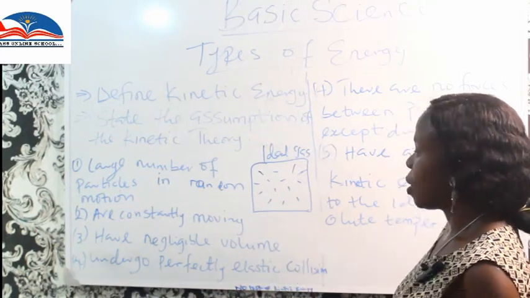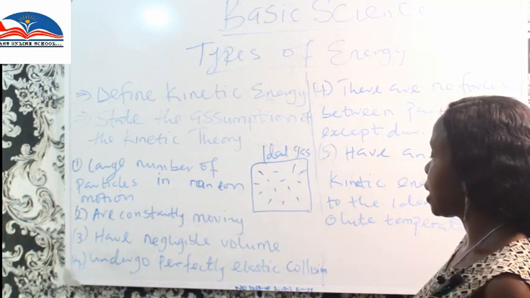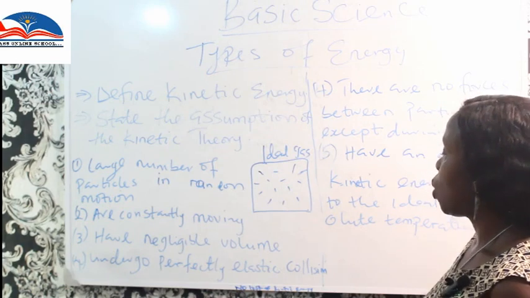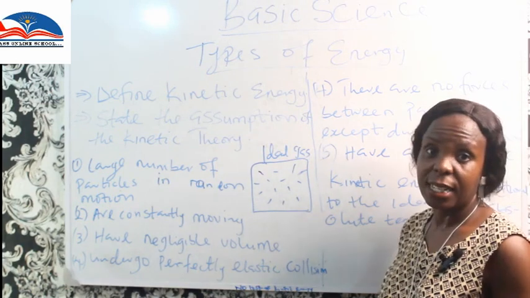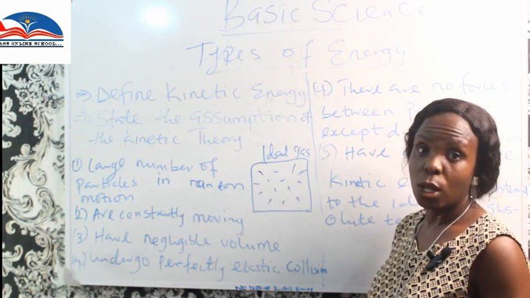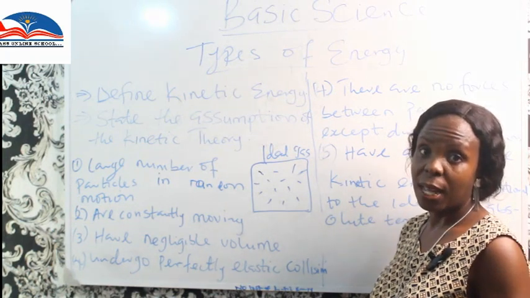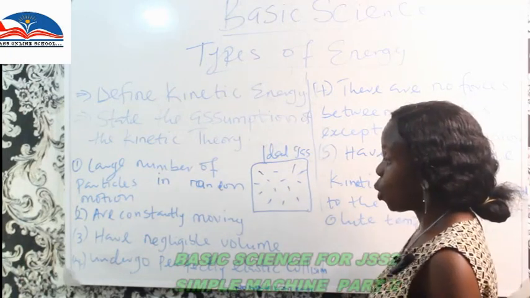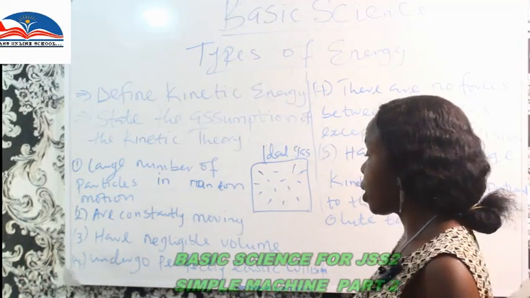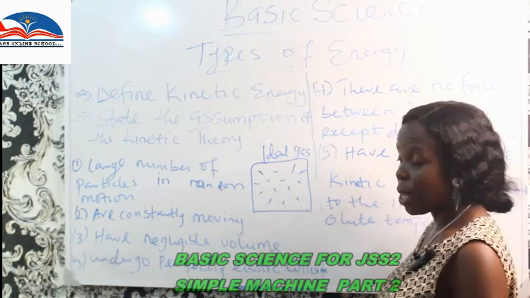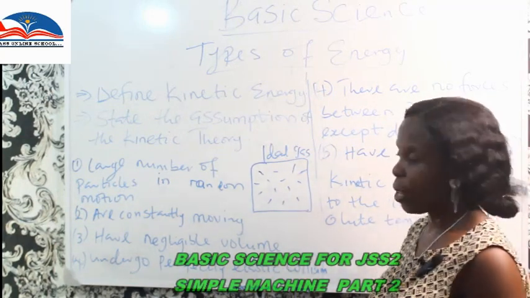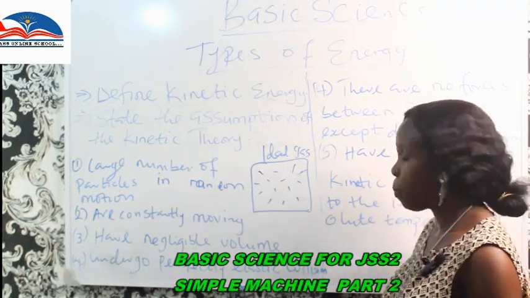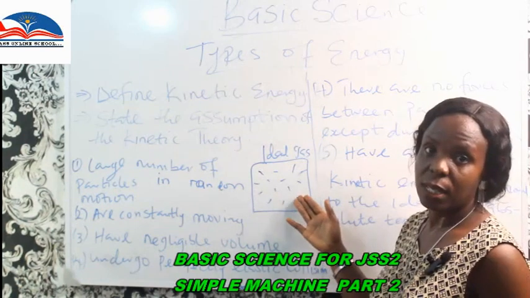Alright, number four: it undergoes perfectly elastic collision. That's to say, no loss of kinetic energy in this instance. Remember, kinetic energy results in motion. The elastic nature here shows that no loss of kinetic energy happens as a result of this.